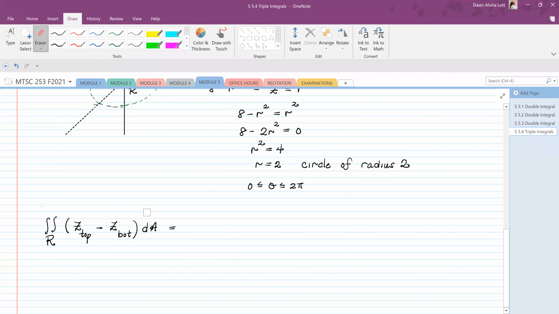If I integrate the double integral over the region, and then do the integral from Z bottom to Z top dz dA, then when I integrate this inside piece, that inside piece is just going to give me Z evaluated from Z bottom to Z top.